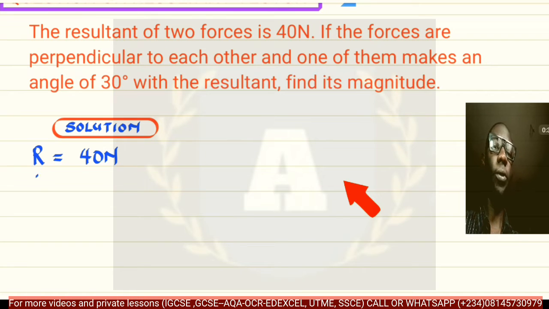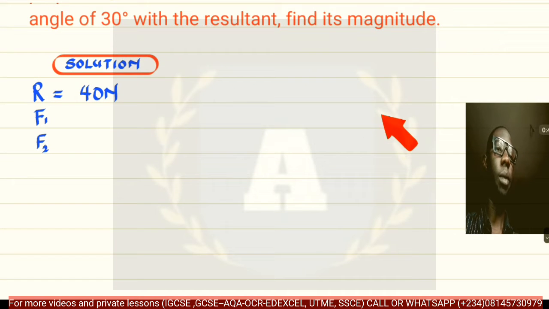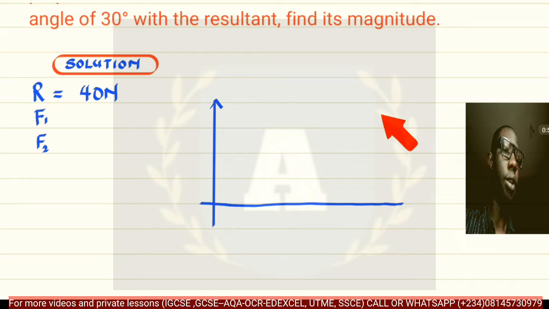Now if the two forces are F1 and F2, the question says the two forces are perpendicular to each other, which means they actually make an angle of 90 degrees to each other.